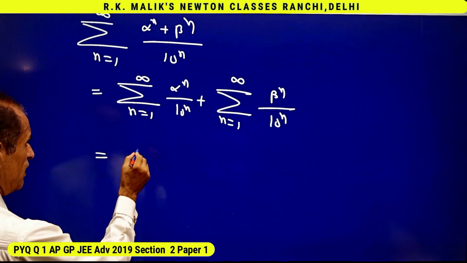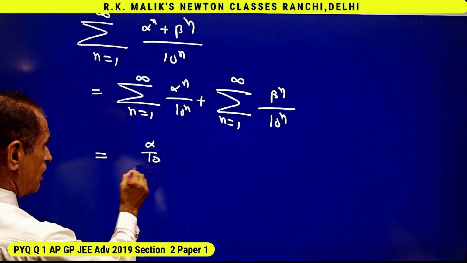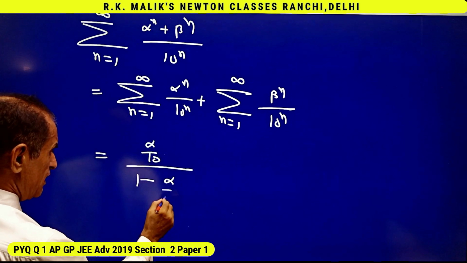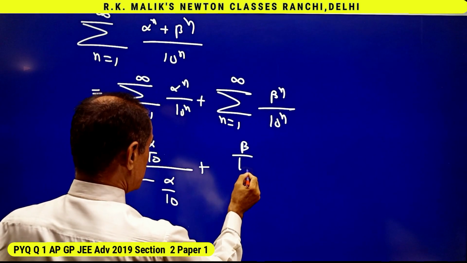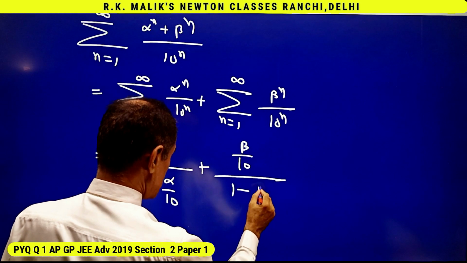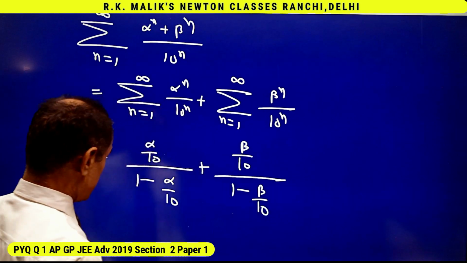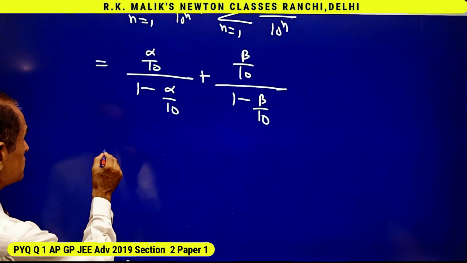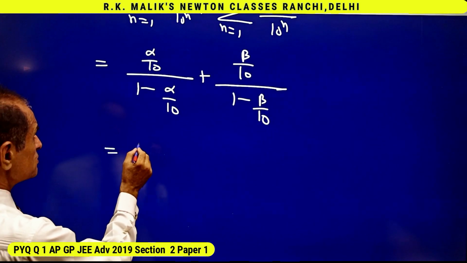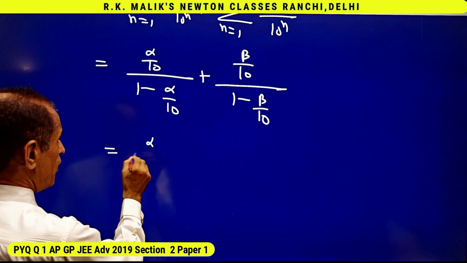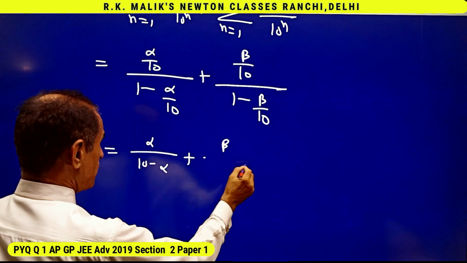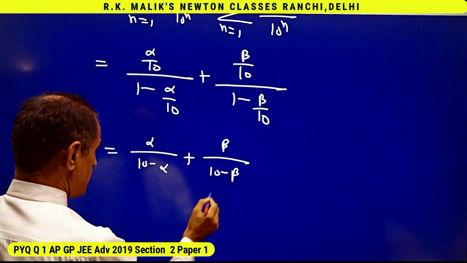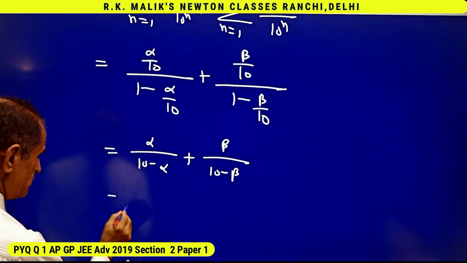That is, this is alpha by 10 upon 1 minus alpha by 10 plus beta by 10 upon 1 minus beta by 10. That is, I get alpha upon 10 minus alpha plus beta upon 10 minus beta.